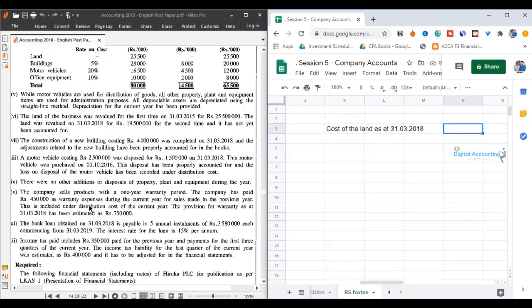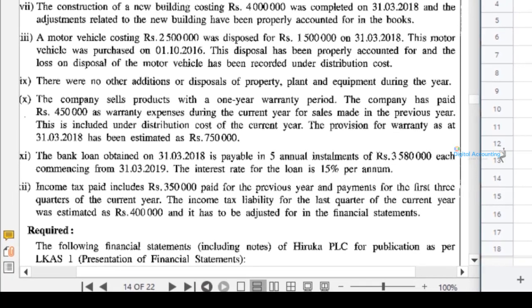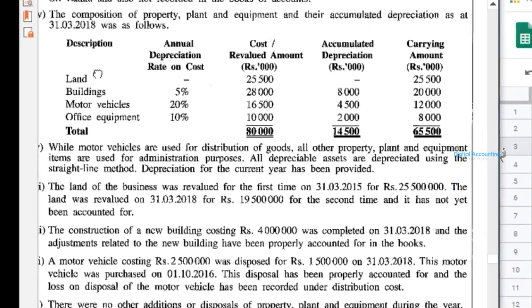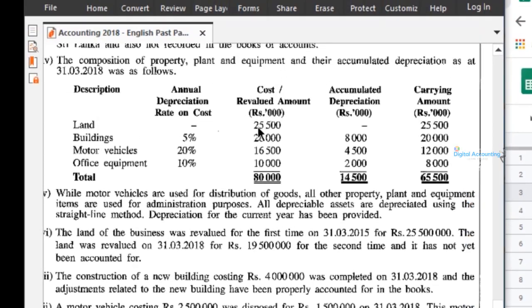In the question itself, it says the land of the business was revalued for the first time on 31st March 2015 for rupees 25.5 million. Also, the cost or revalued amount of the land in additional information 4 is 25.5 million, with no additions or disposals in the land account.